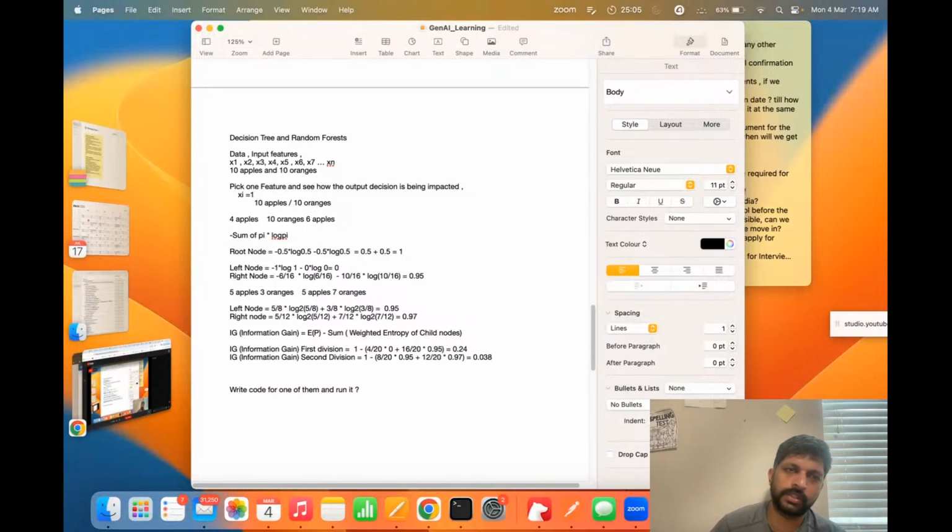The same entropy is used here. We take the entropy of the root node and the entropy of the child nodes, and based on these, we calculate something called information gain, which reflects how much the entropy is being reduced, because that's our objective, right?